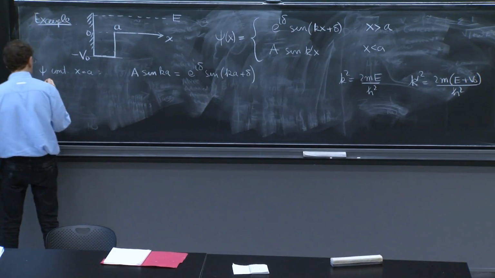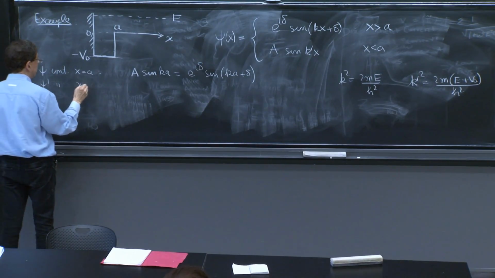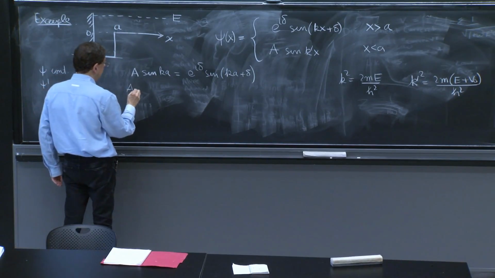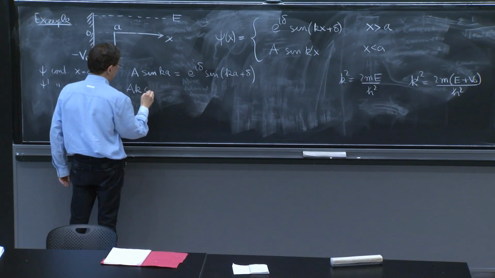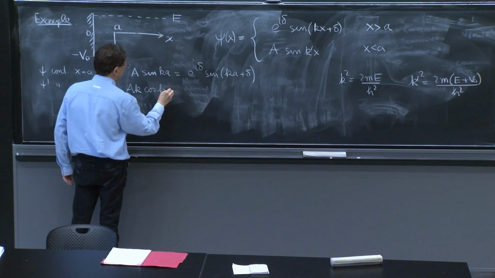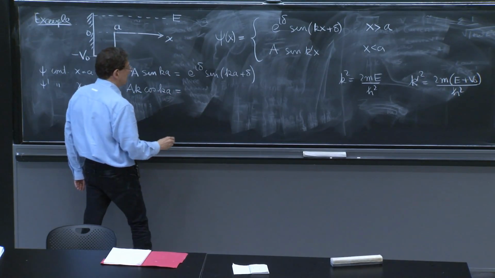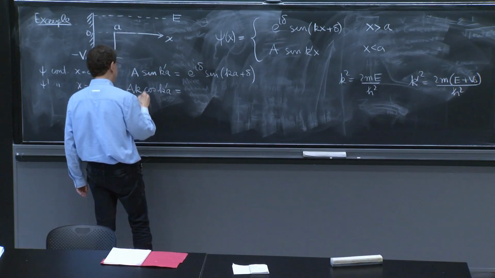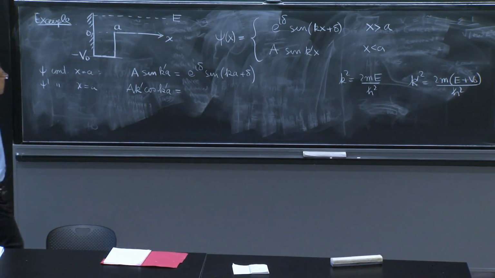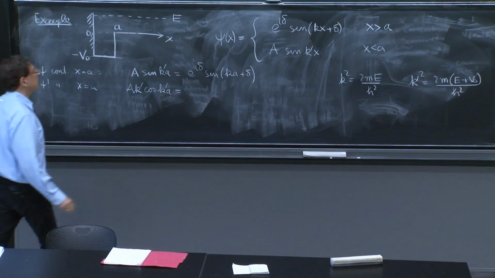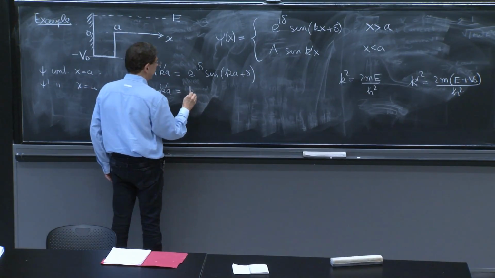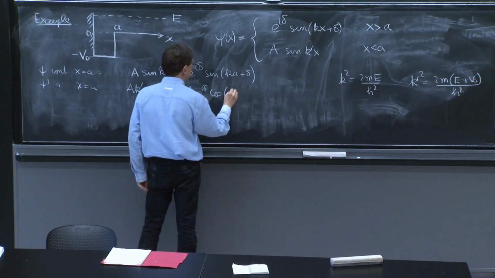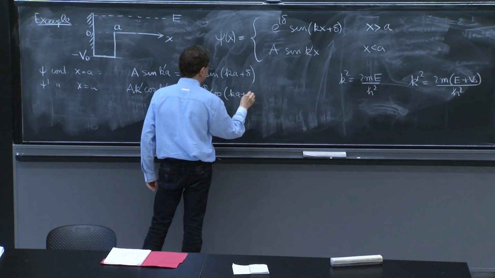And psi prime continuous at x equals a will give me A k prime cosine k prime a equals, I have primes missing, I'm sorry, k e to the i delta cosine of (ka plus delta).